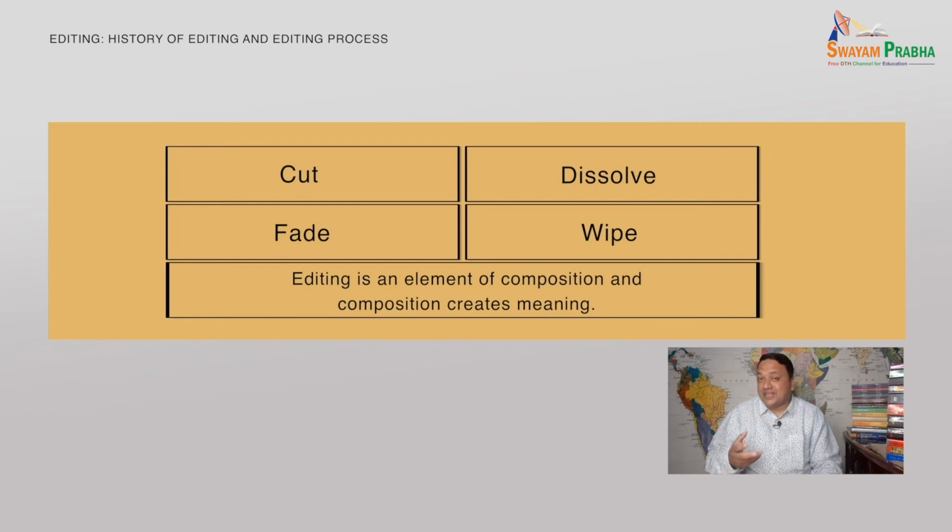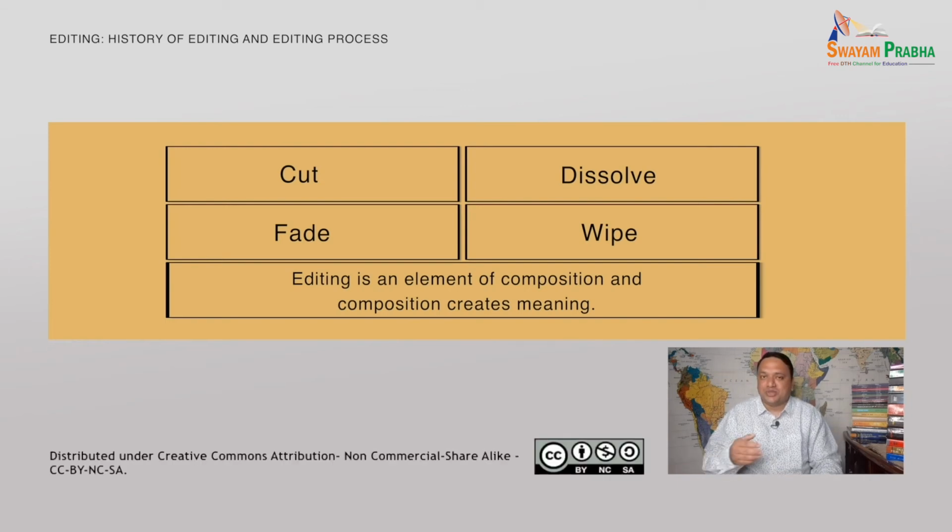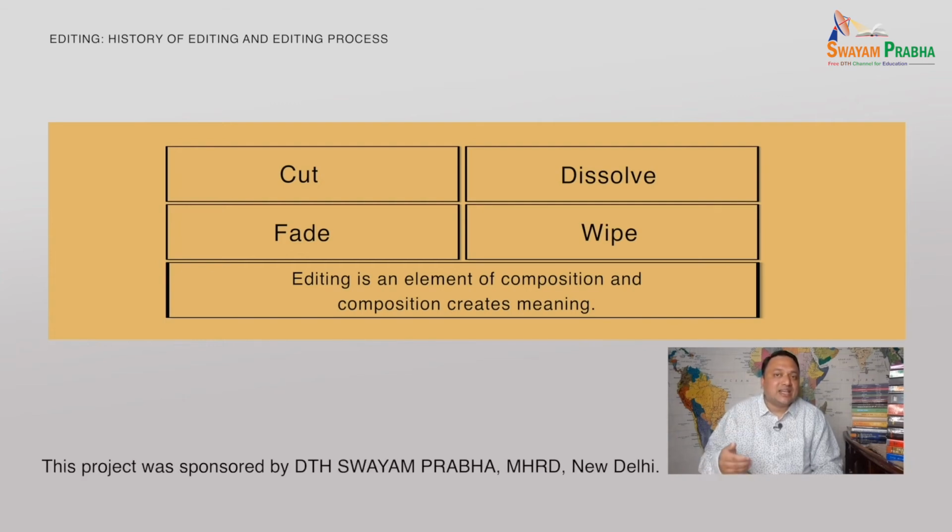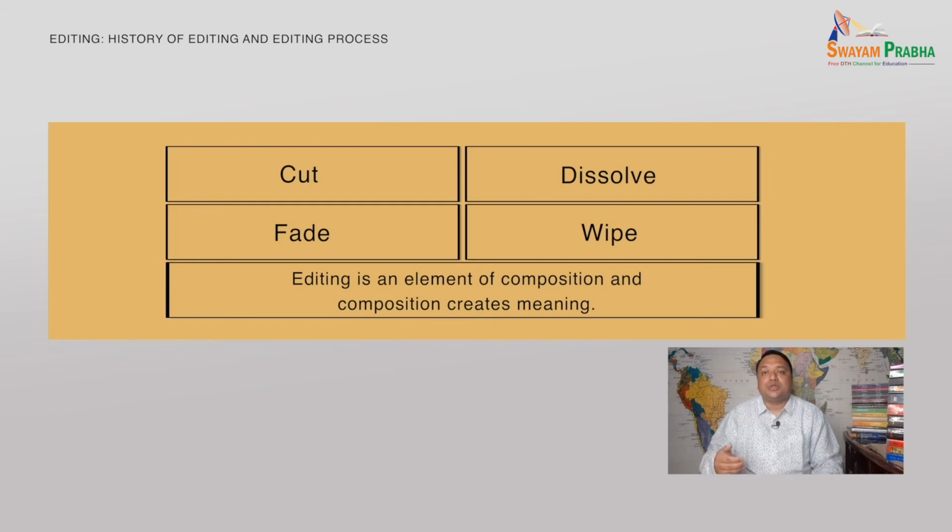Editing is an element of composition, and if you remember, composition creates meaning. It is editing that helps us to put all the shots together in a proper sequence so that we can give a cohesive look to our film. So, let's start understanding them.